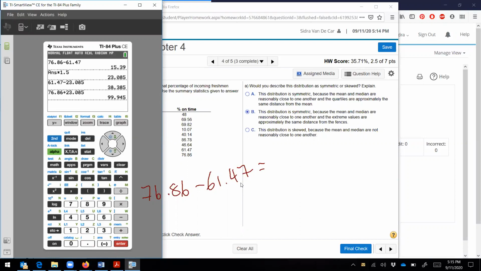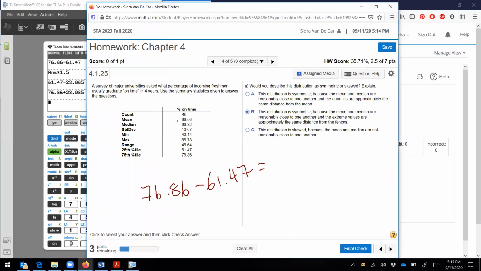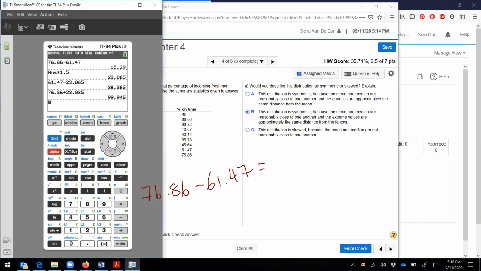99.945, right? So if I look at the distance from the mean, which is about 70 here, the mean and the median are both about 70, and I compare to these values, 70 up to here is about 29 places, and 70 down to there is about roughly the same, 30, 39 places, right?